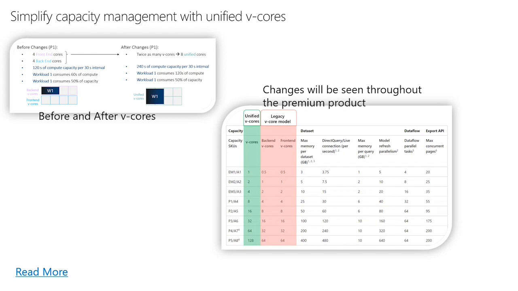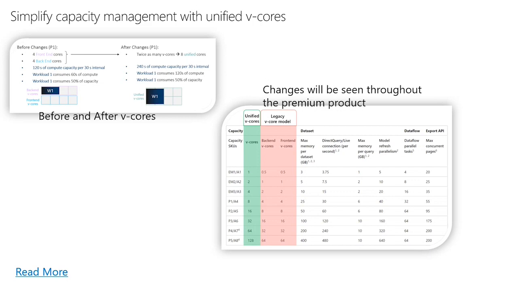And then lastly, on Power BI, this is an announcement around simplifying capacity management with unified cores. So we're announcing a platform update to simplify the way customers manage Power BI premium capacities. And so starting back in December, this change will be rolled out.